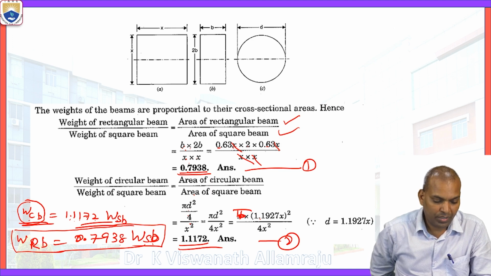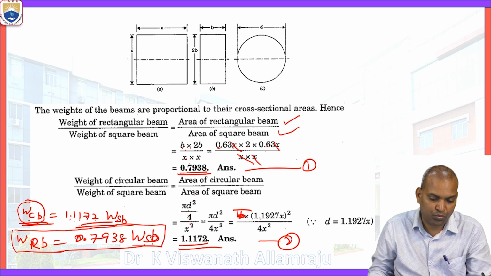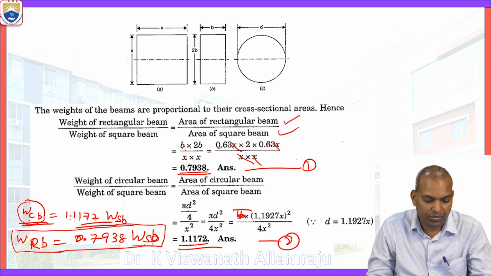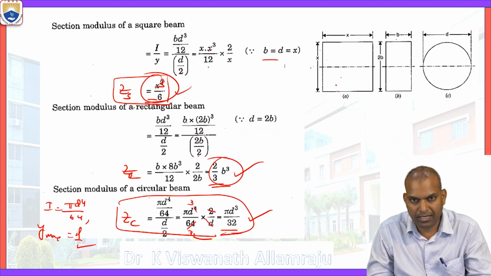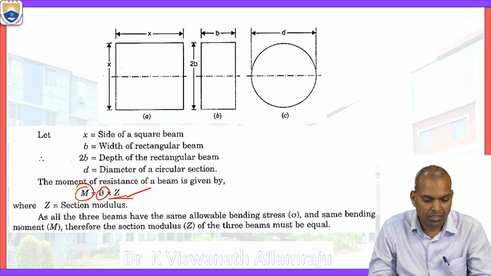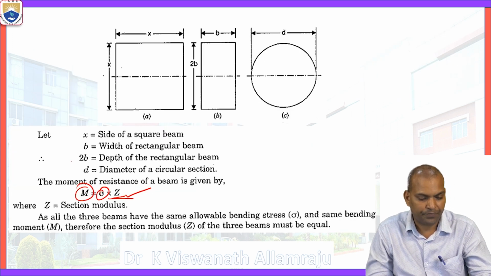Okay, so that means in relation to all this, which beam is more weight? The weight of circular beam is more, provided the conditions that bending stress is the same and moment of resistance is the same for this case study.